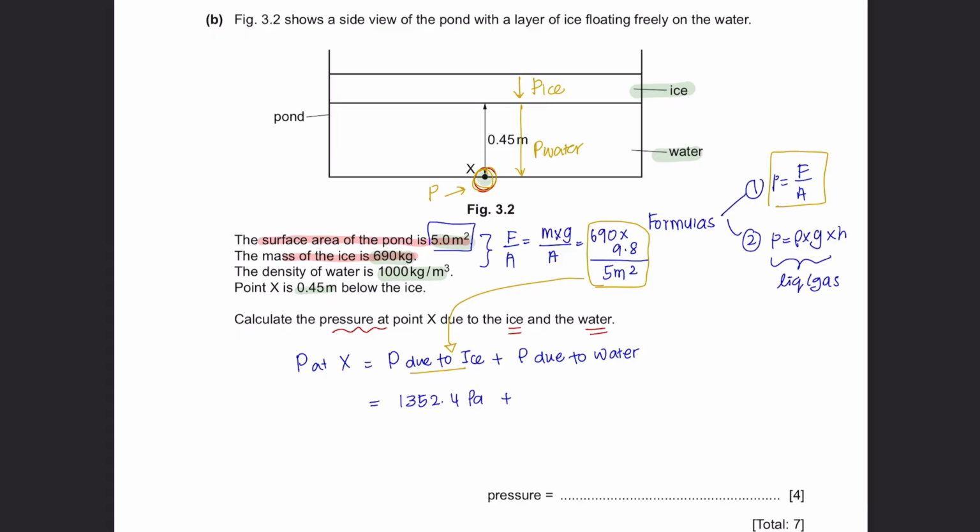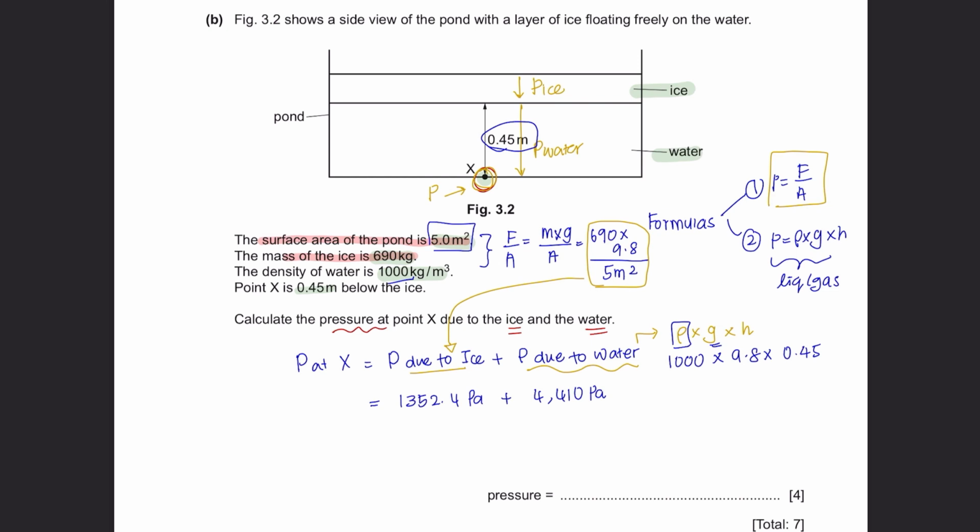Now let's look for the pressure due to water. To calculate the pressure due to water, you have to use the formula density times gravitational acceleration times height. So the density of water is given at 1000 kg per meter cubed, gravitational acceleration is 9.8, and the height is 0.45 meters, giving you a pressure due to water of 4410 pascals.